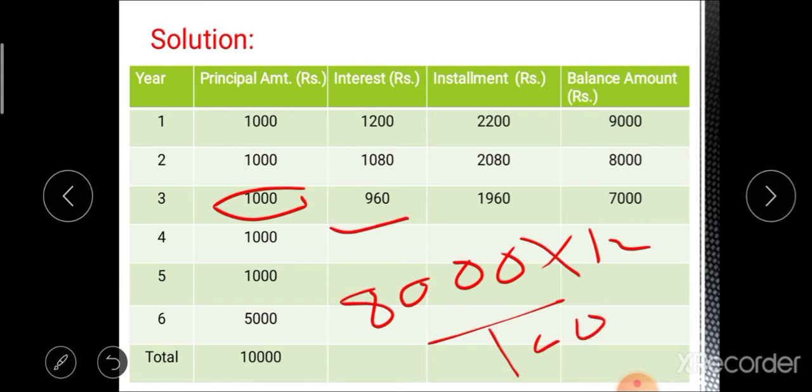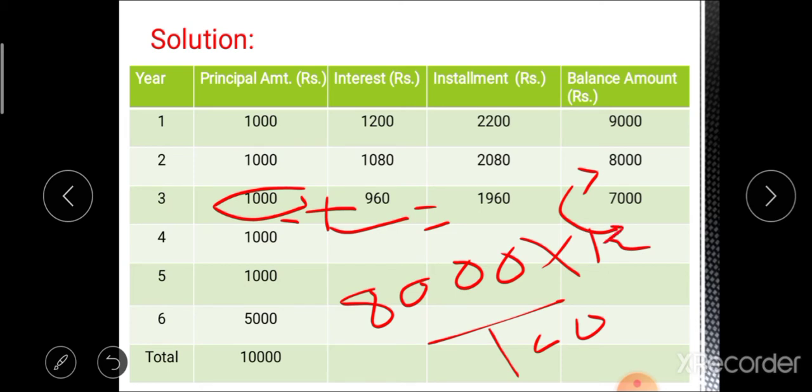Then the installment is the principal plus interest amount. Next, the remaining balance for the third year. In the third year, we paid 1,000 rupees as a principal amount. So subtract 1,000 rupees from this 8,000 rupees, we get 7,000 rupees at the end of the third year.